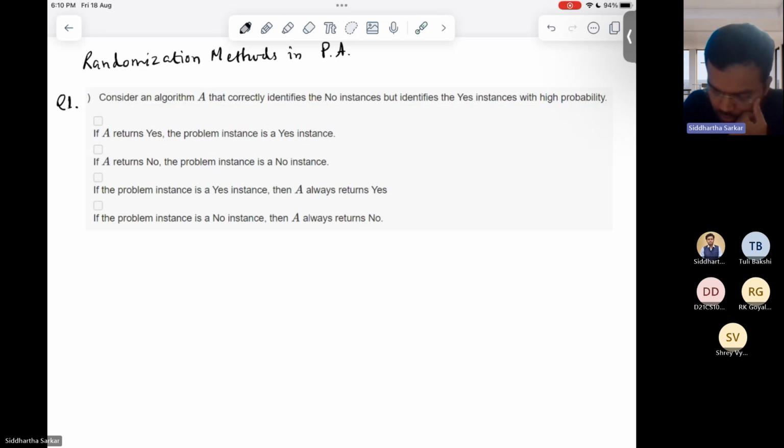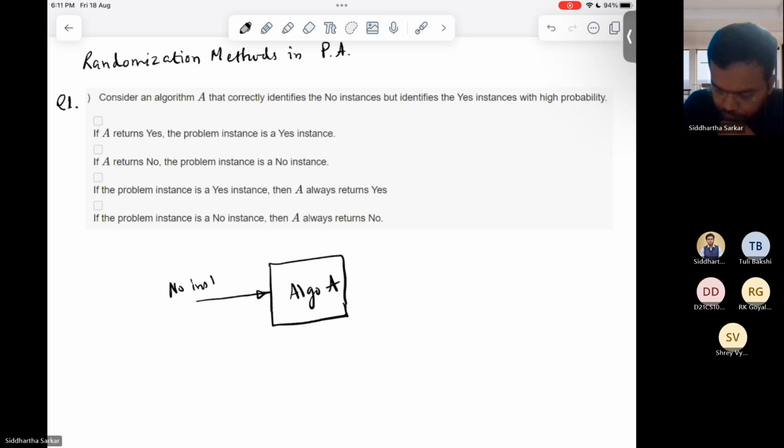Let us say this is our algorithm, a black box algorithm, Algorithm A. If you give it an instance which is a no instance, the algorithm's job is to identify whether the given instance is a no instance or it is a yes instance.